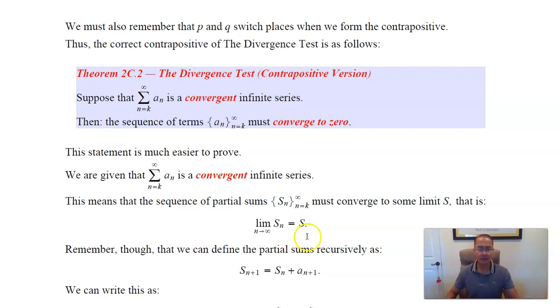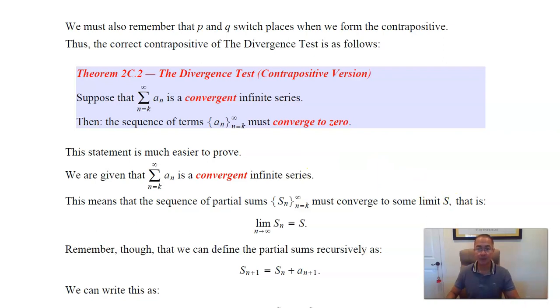All right, so in general, we can say that s_{n+1} is the last partial sum, s_n, plus the next term, which is a_{n+1}. And we know that these partial sums converge to some limit s because we are told that your series is a convergent infinite series. So remember that that means that the partial sums must converge to some limit s.